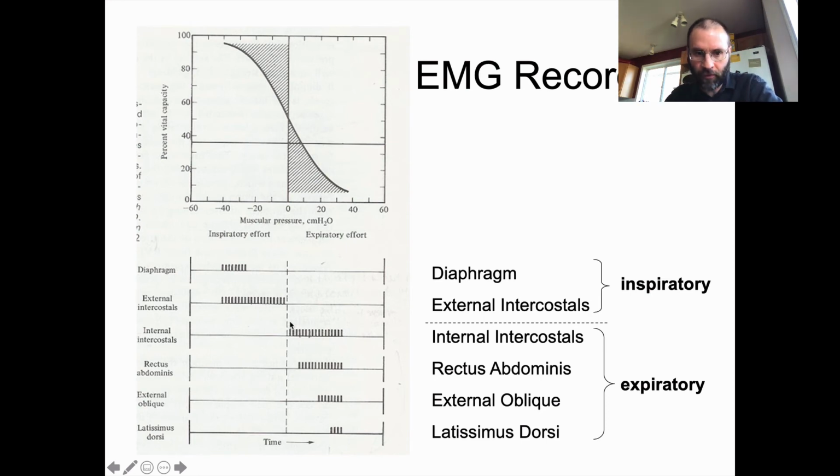We get past equilibrium, and then the expiratory muscles start to kick in. So your internal intercostals first, then bigger sets of muscles like your abdominal muscles, the oblique muscles, and then your latissimus dorsi, which is one I didn't mention in the earlier diagram, but that is an expiratory muscle too.